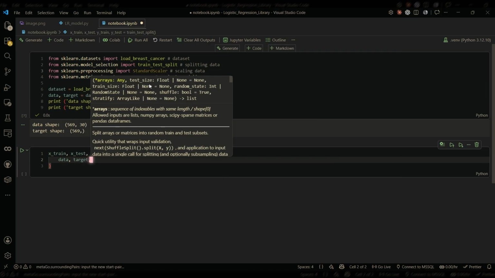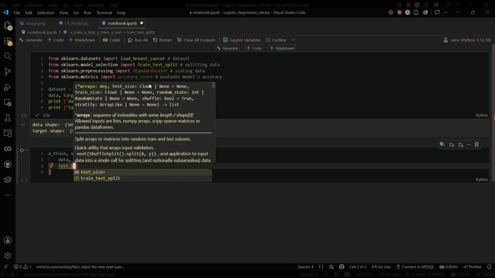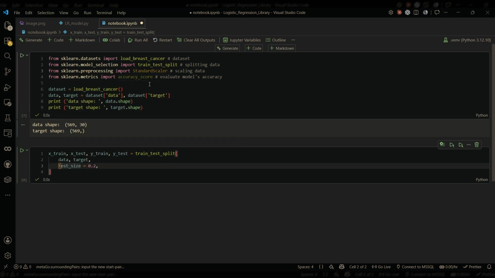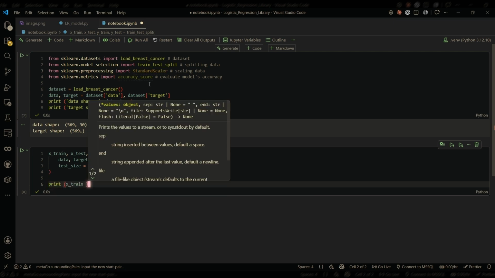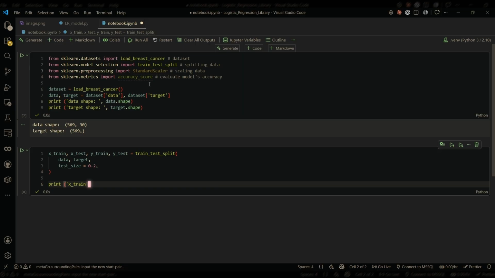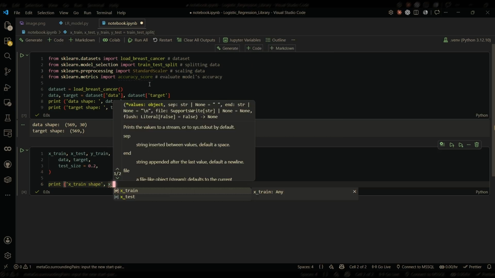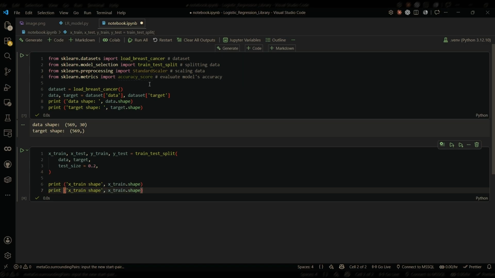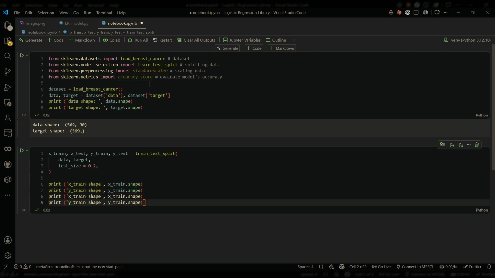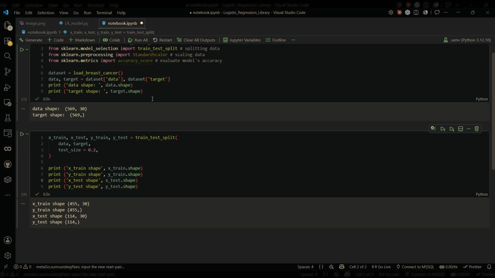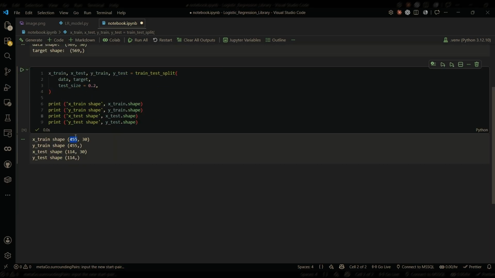Data, target, and the test size will be 20%, which is 0.2. Let's see if it works. Oh no, this is actually not what I'm talking about. I'm talking about this. So 455 instances for train and 114 for test.